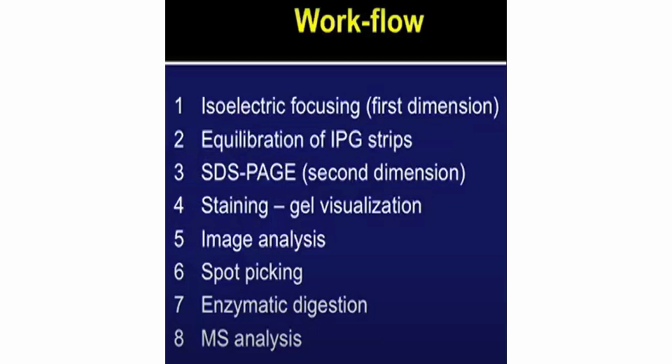Then in order to analyze that gel, you need to do image analysis. While doing image analysis, you will overlay the control as well as the diseased sample, or a few different samples together, and try to pick certain spots which are overexpressed or underexpressed.